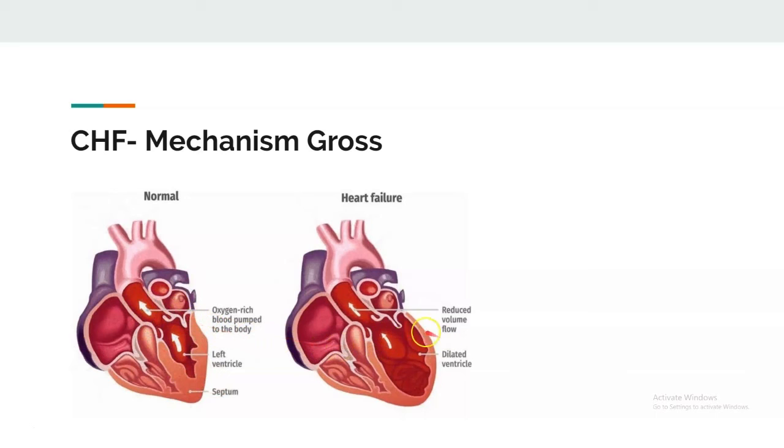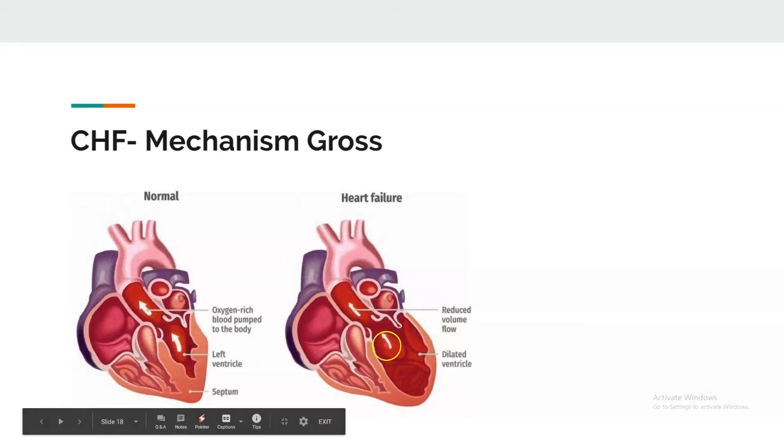But then we see the dilated ventricle down here. What's happening is there's more blood to pump out with less muscle tissue, which doesn't typically bode well for the heart. So we see reduced volume flow, which is not great. And with the ventricle still being full, blood will back up in the atria, which is not ideal.